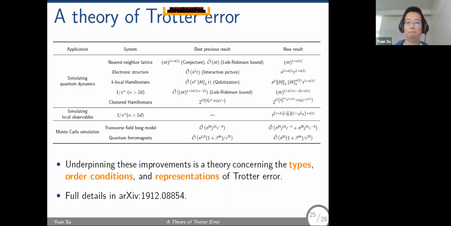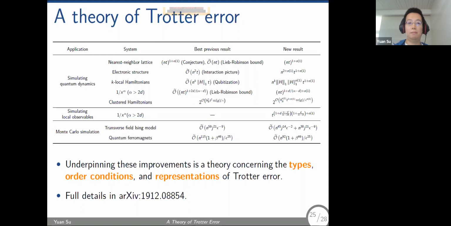Let me maybe make a very brief summary. In this work, we try to develop some mathematical tools for analyzing Trotter error and apply them to analyze the simulation of some physical systems. So specifically nearest neighbor lattice Hamiltonians, giving a nearly optimal way of simulating lattice Hamiltonians, very simple approach. For simulating electronic structure Hamiltonians, nearly matching the interaction picture algorithm. For k-local Hamiltonians, outperforming the qubitization algorithm.